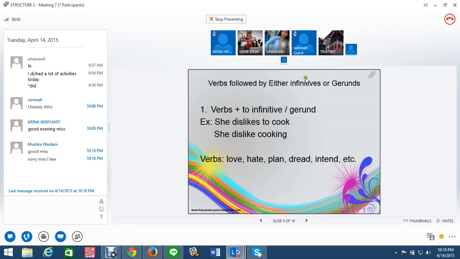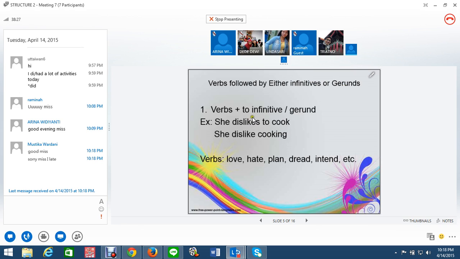It can be followed by infinitives or it can be followed by gerund. So it's optional. Example: she dislikes to cook. She dislikes cooking.